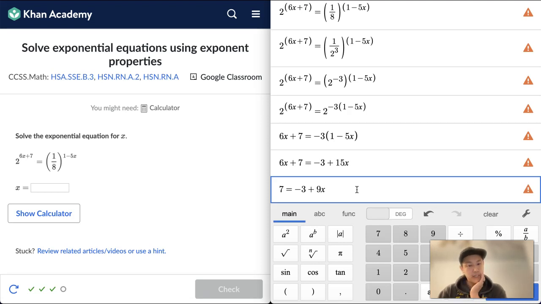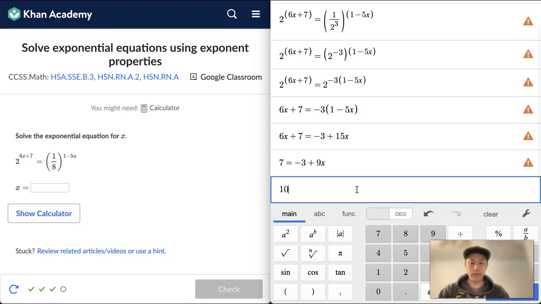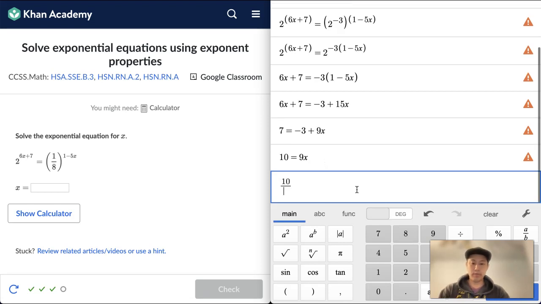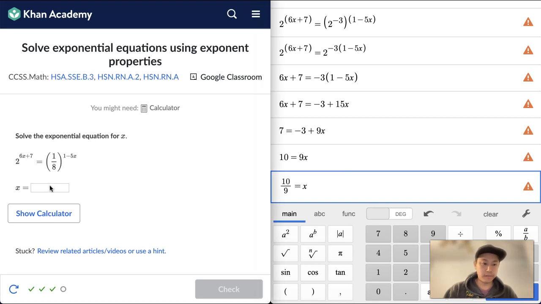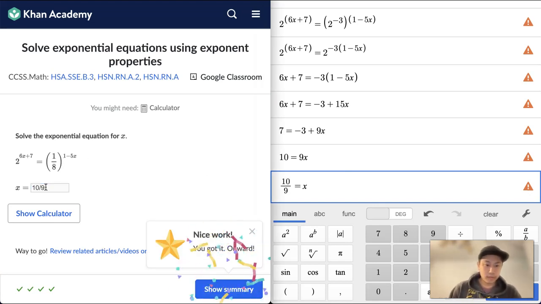Right, 15x minus 6x is 9x. And then I'll add 3 to both sides. That gives me a 10 equals 9x. And then divide 9 on both sides. We get a final answer of 10 ninths. Okay, 10 ninths. We'll keep it at that fraction. I don't want to deal with a ninth as a decimal. There you go.